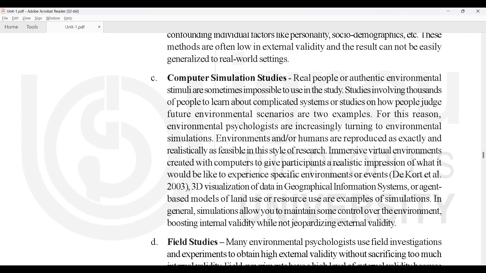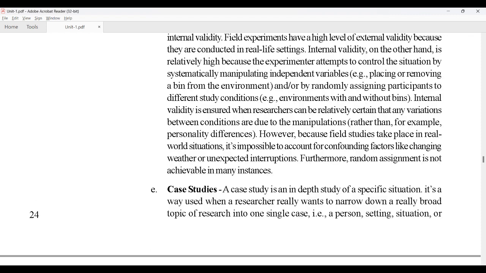D. Field studies. Many environmental psychologists use field investigations and experiments to obtain high external validity without sacrificing too much internal validity. Field experiments have a high level of external validity because they are conducted in real-life settings.